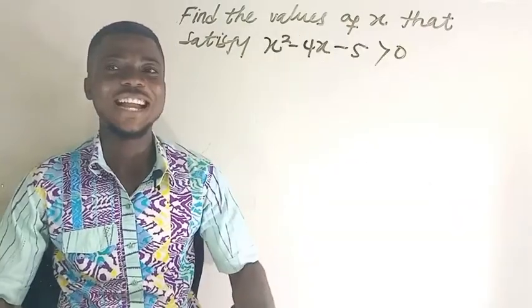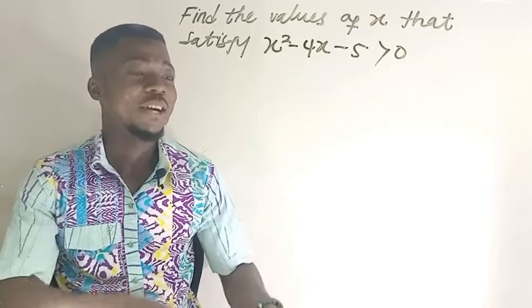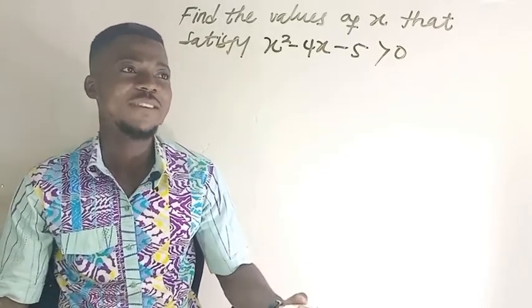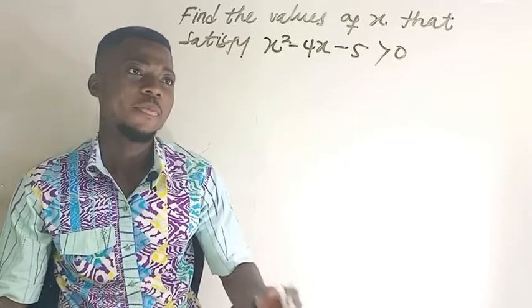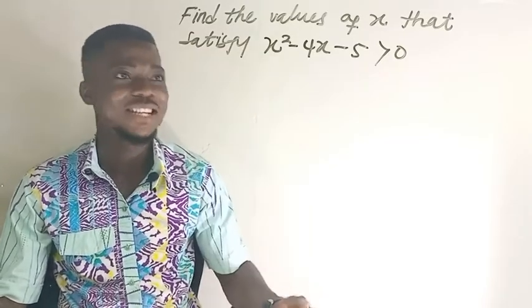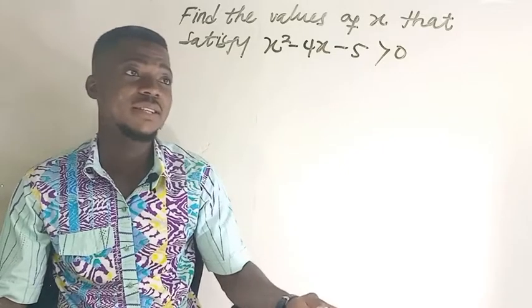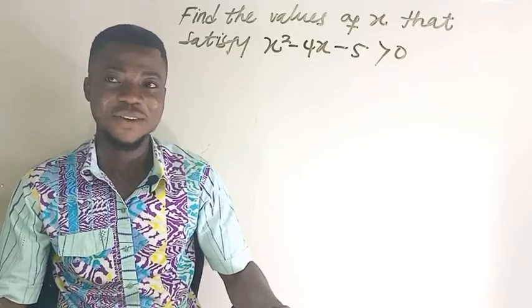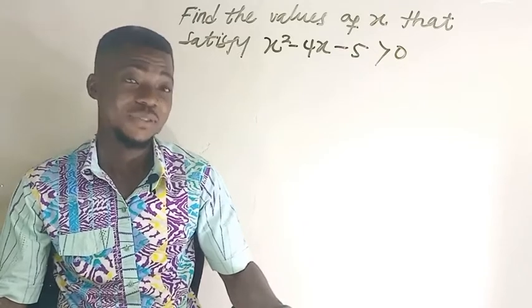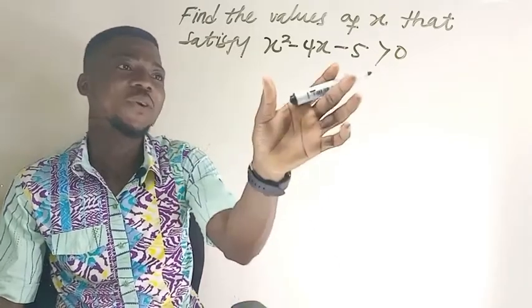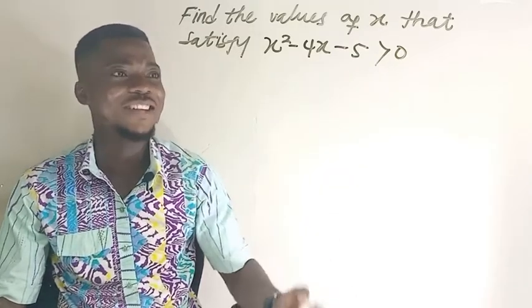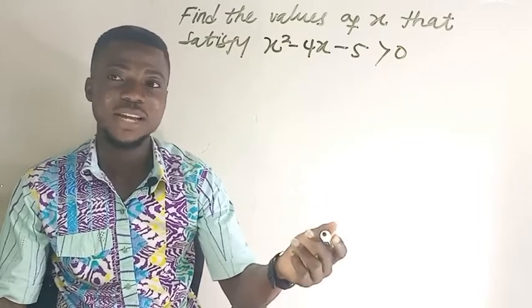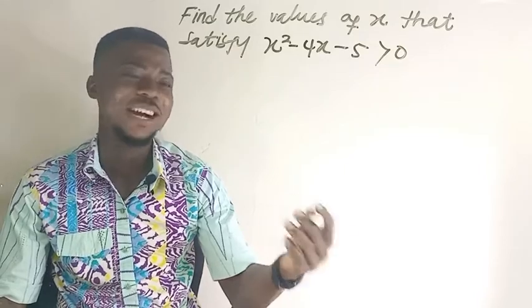Okay. So let's take our last example. This one says that we are to find the values of x that satisfy this inequality. So we have x squared minus 4x minus 5 greater than 0. How do you find the range of values that satisfy this inequality? The first thing you have to do is to factorize.